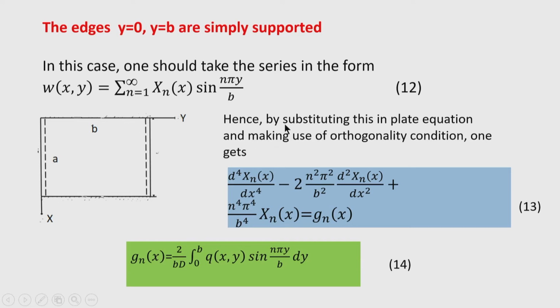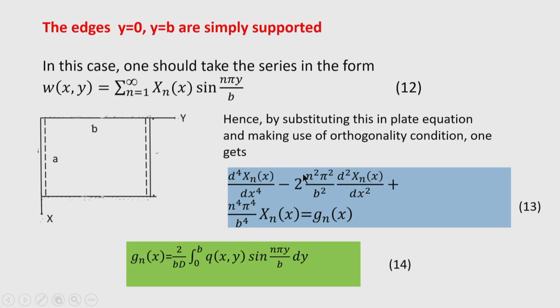So, by substituting in the plate equation again similarly and making use of the orthogonality condition as we have done earlier, we now arrive at this equation. That is nothing but the fourth derivative of Xn with respect to x. Now, here all derivatives of the functions are with respect to x. Previously, we obtained the function with respect to y, because that function was assumed as a function of y.